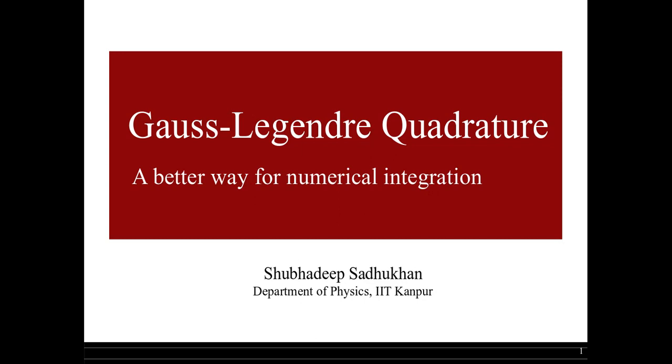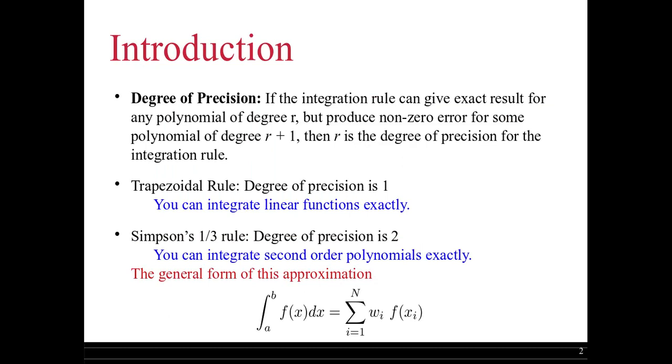Let me start. First we should know about the degree of precision. If the integration rule can give you the exact result for any polynomial of degree r, but it produces some non-zero error for some polynomial of degree r plus 1, then r is the degree of precision for the integration rule. What we in general use is the trapezoidal rule or Simpson 1/3 rule. For the trapezoidal rule the degree of precision is 1.